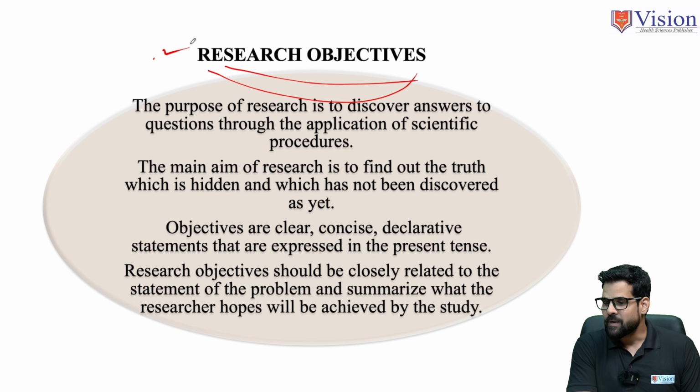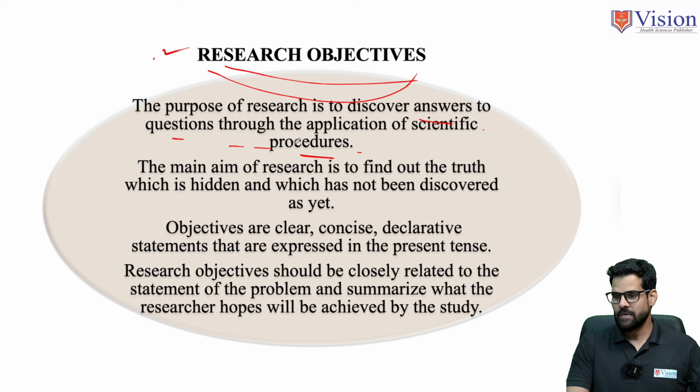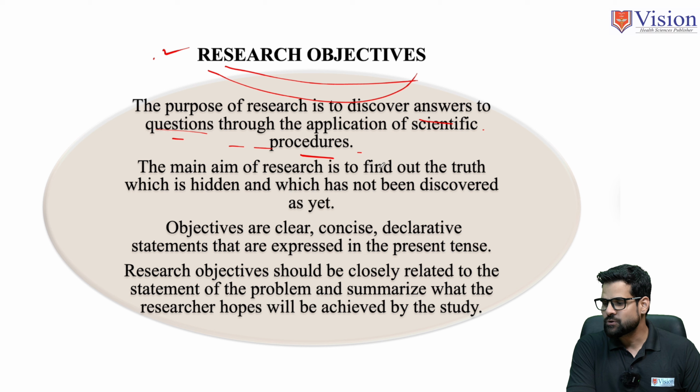Now the purpose of research is to discover the answer to the question through the application of scientific procedure. That is the one point. Now the main aim of research is to find out the truth that is hidden, on which there is no discovery yet.